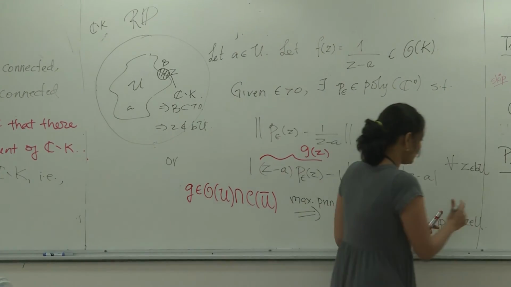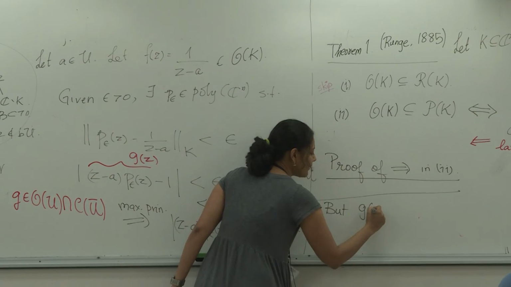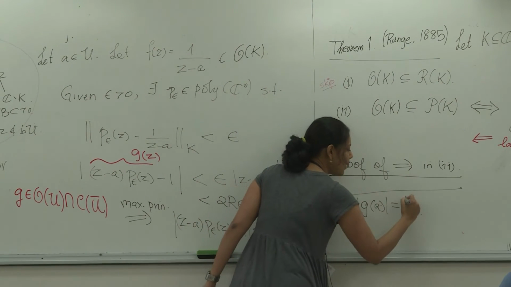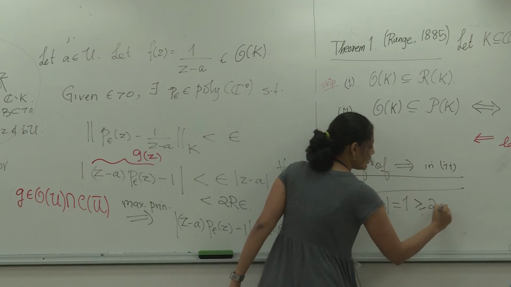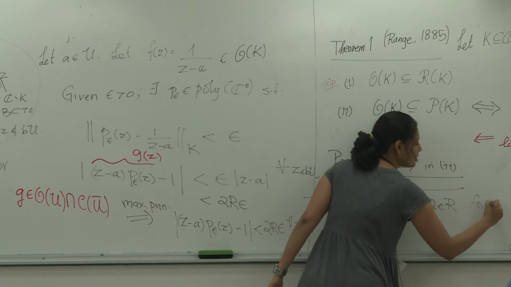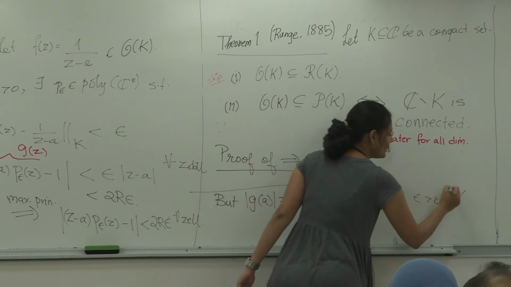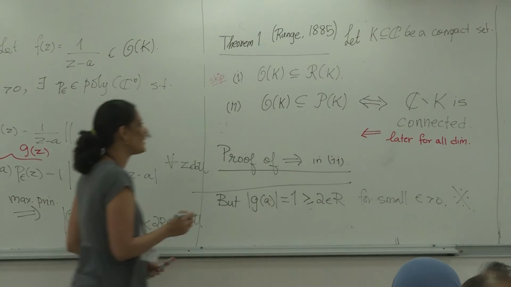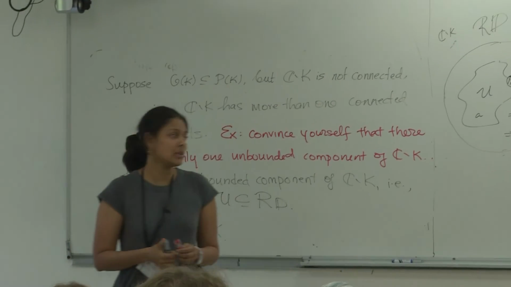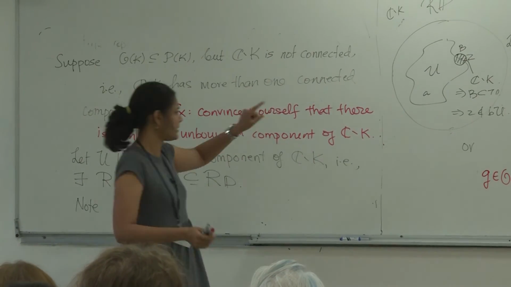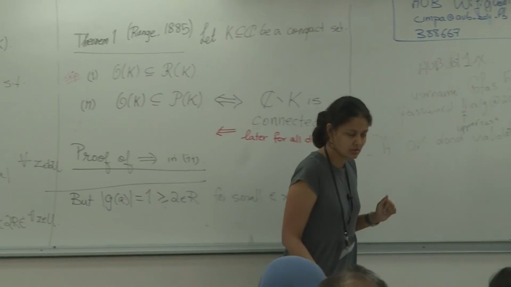But G of A in absolute value is 1, which is going to be larger than the bound for small epsilon. So this is going to lead to a contradiction, which tells me that this approximation cannot hold if C minus K is not connected.